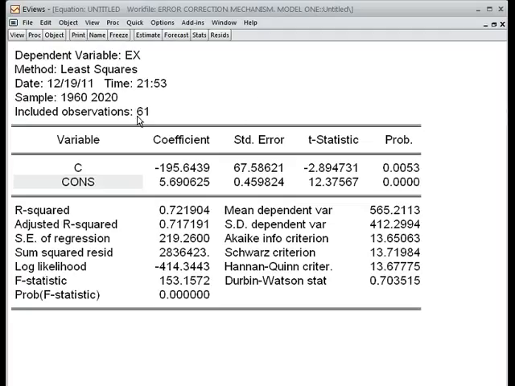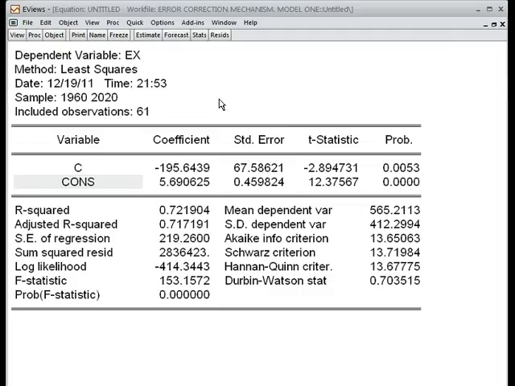Okay, now what is happening? When the residual of this model becomes stationary, it also has another meaning. It means that Ex and cons, these two variables, are co-integrated, meaning that these two variables have a long-run equilibrium relationship.